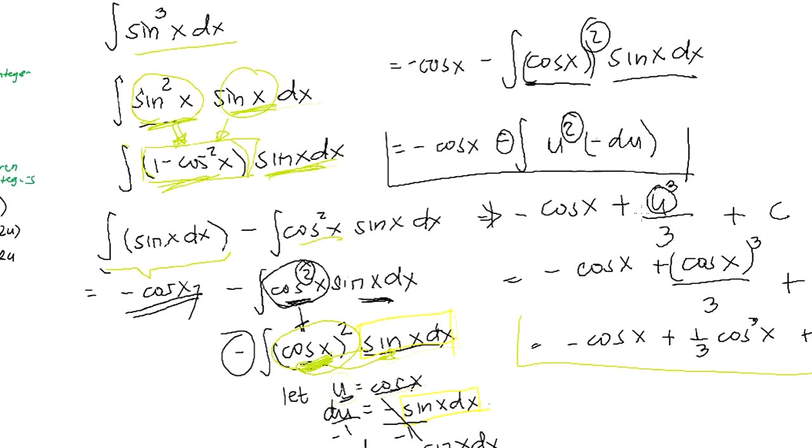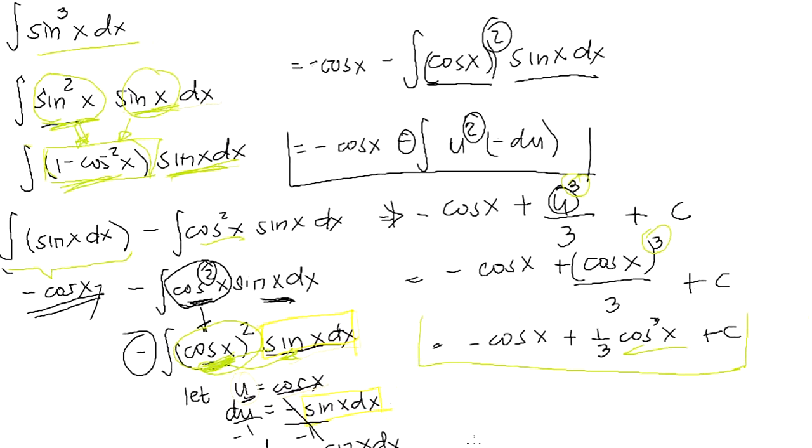Then after that, we bring back the value of u, which is cosine x, but it is raised to 3, and we can rewrite this as similar to this, cosine raised to 3 x plus c. Therefore, our final answer is negative cosine x plus this term plus c. So that is the integral of this sine cube x dx.